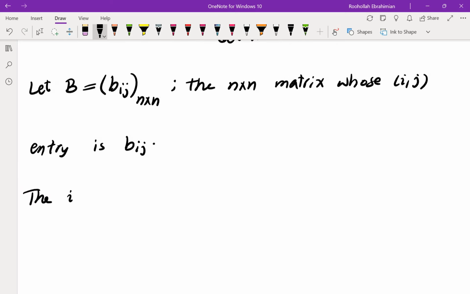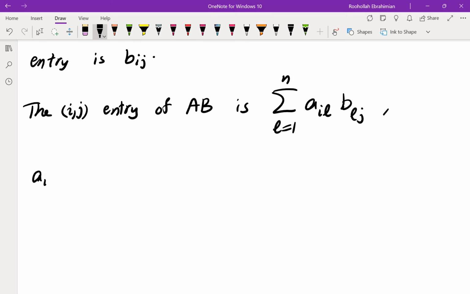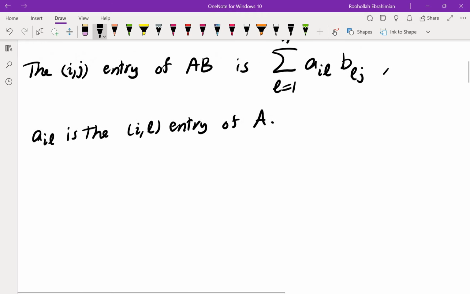So the ij entry of AB is the sum of A_il B_lj, where l goes from 1 to n, and A_il is the il entry of A. So let's evaluate that and see what we get.